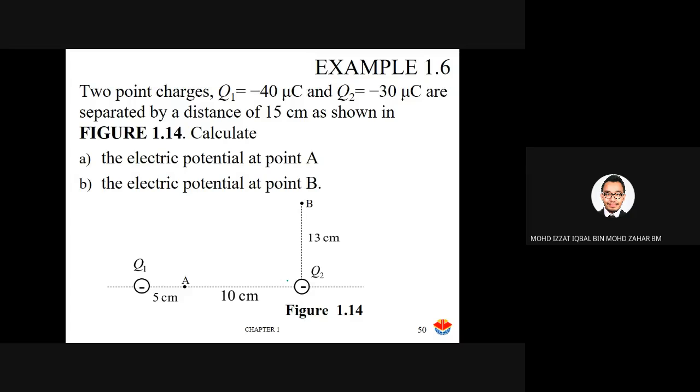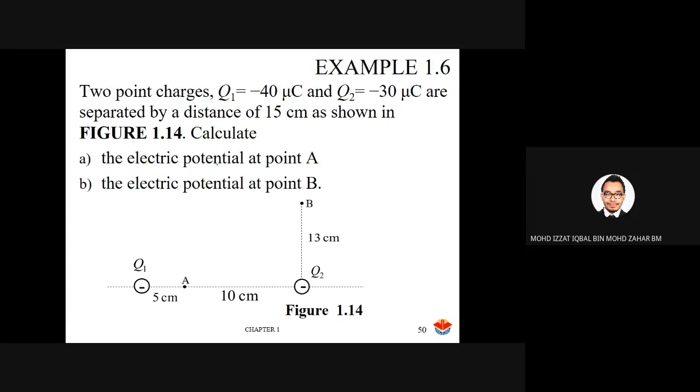Kalau this one is a vector quantity, contohnya kalau F atau E, kamu dapat soalan je, kamu mesti kena lukis arrow dia ke mana. Contohnya force dia direction ke mana dekat A tu, electric field kat A tu ke mana. But because this one is a scalar quantity, you don't have to bother with the direction. Jangan risau pasal direction lah, because this one no direction.